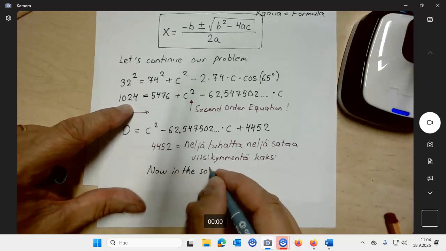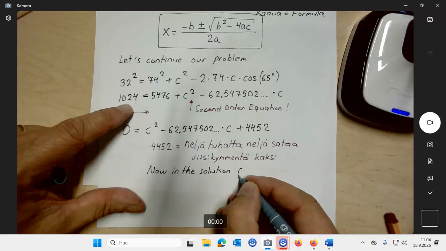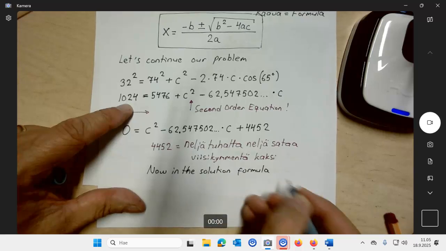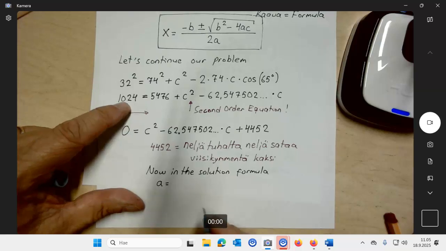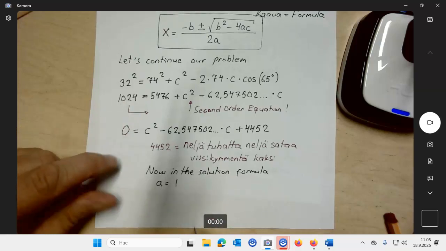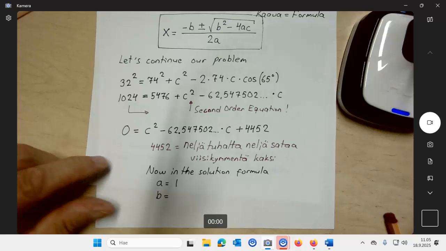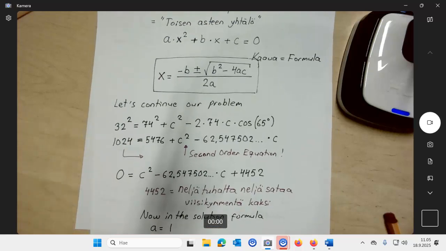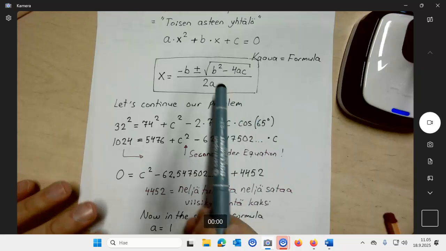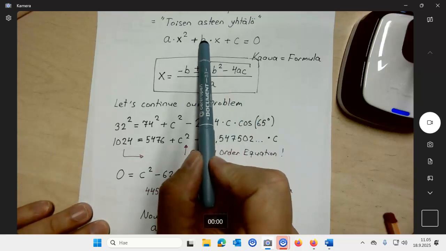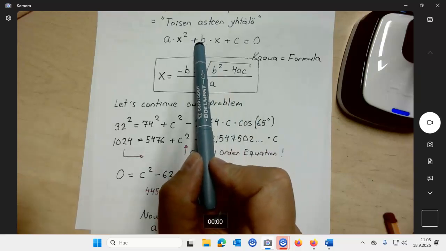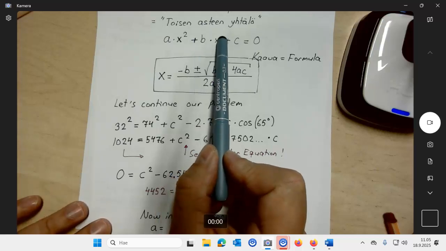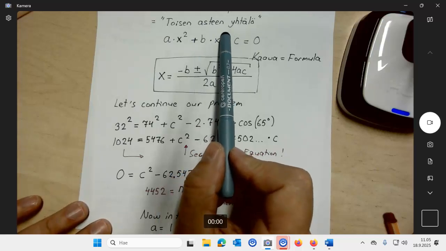In the solution formula, a equals 1. How about b? So b in this formula is the coefficient or factor of that unknown which has no power.